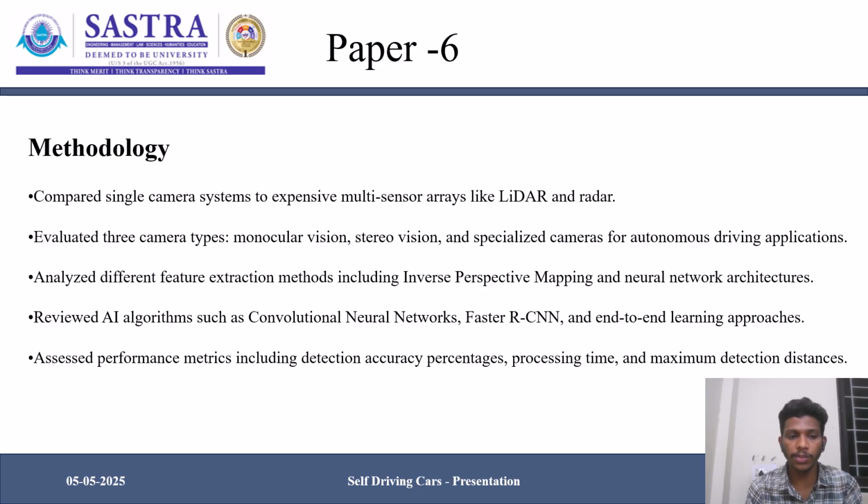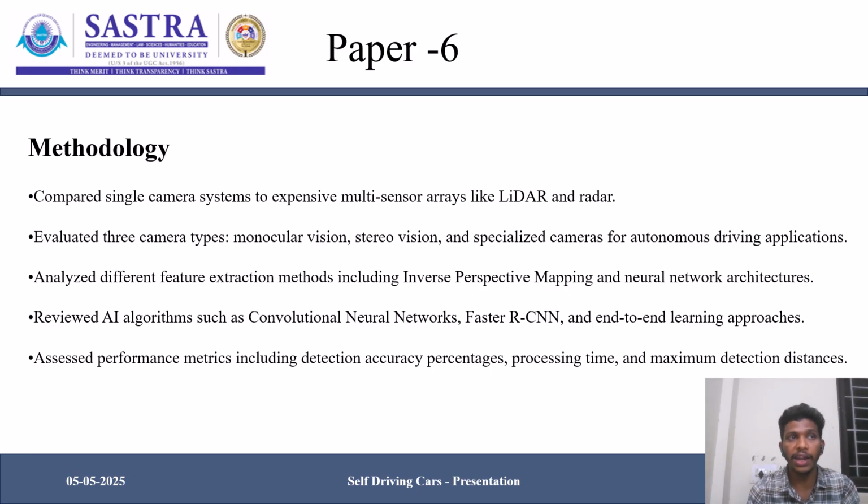When I talk about the methodology, they have taken the single camera instead of multi-sensors like lidar and radar and the sensor fusion of both. They have tested the single camera for object detection. They have taken three different types of cameras, that is monocular vision, stereo vision, and classified camera, for autonomous driving applications.